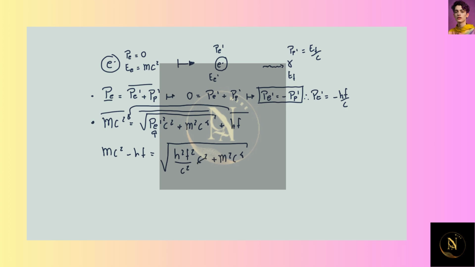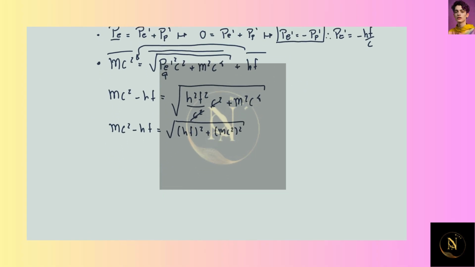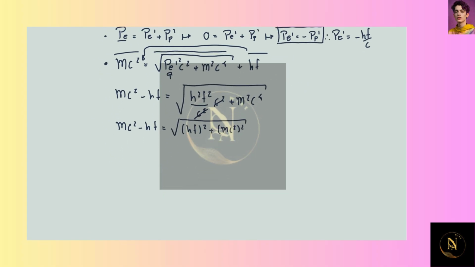We can simplify c squared with c squared to get mc squared minus hf is equal to the square root of (hf) squared plus (mc squared) squared, all under a square root. Now we can raise both sides to the power of 2 to get (mc squared minus hf) squared is equal to (hf) squared plus (mc squared) squared.